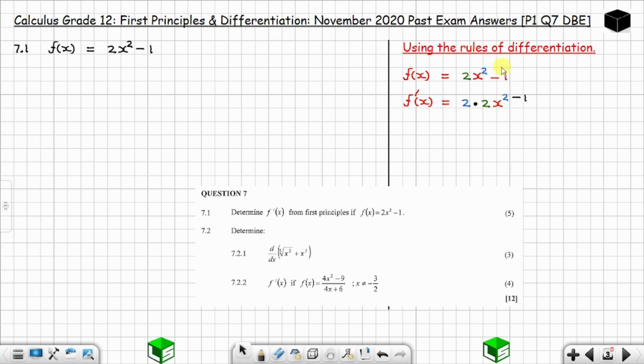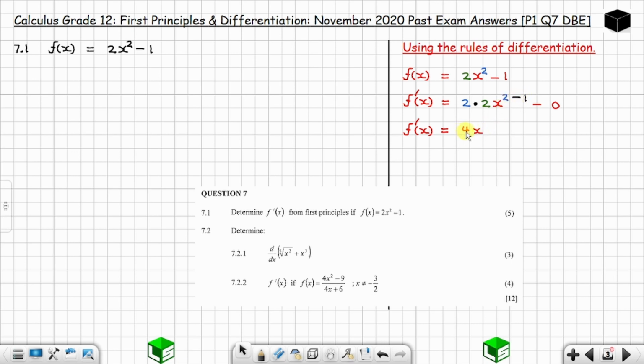So this is the constant. Remember, when you take the derivative of a constant, it gives you 0. So it will be minus 0 or plus 0. And so f prime x is equal to 2 times 2, which is 4, and then x to the power of 2 minus 1, which is 1.